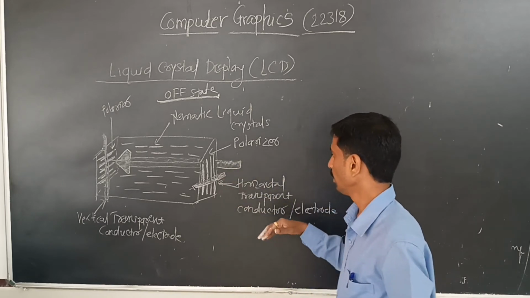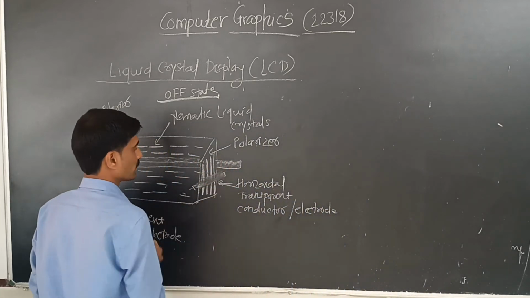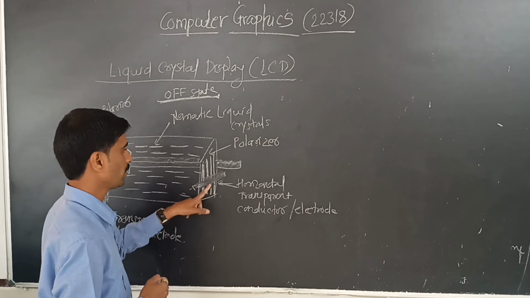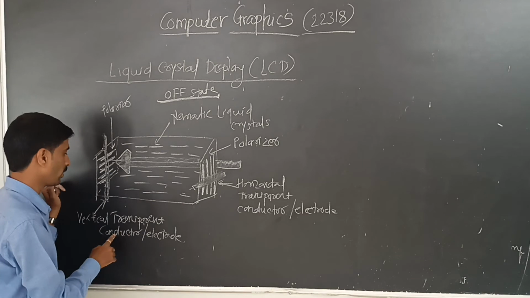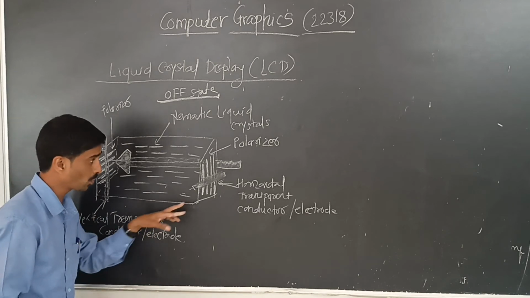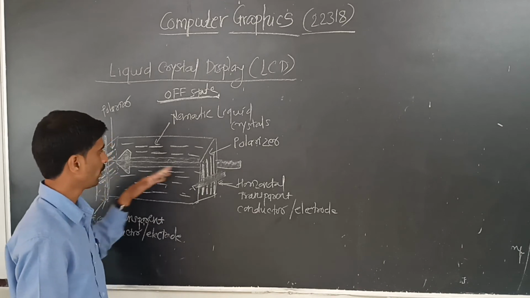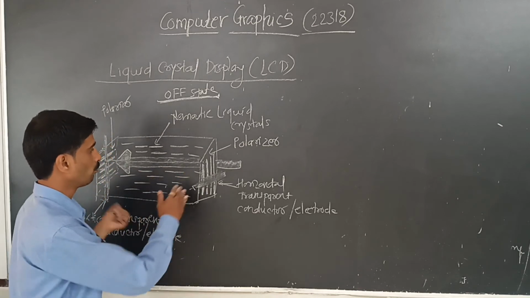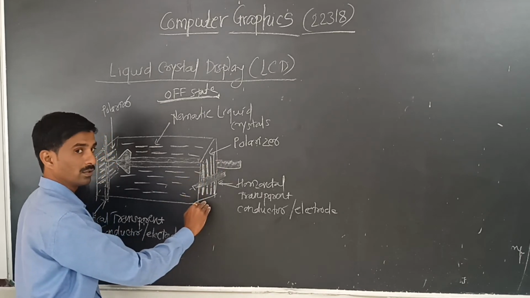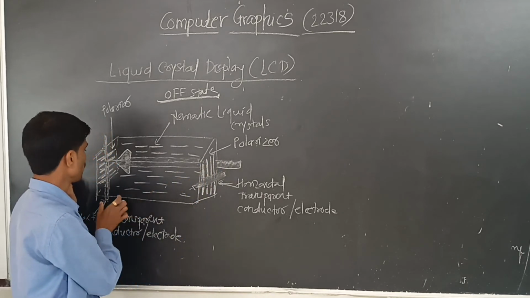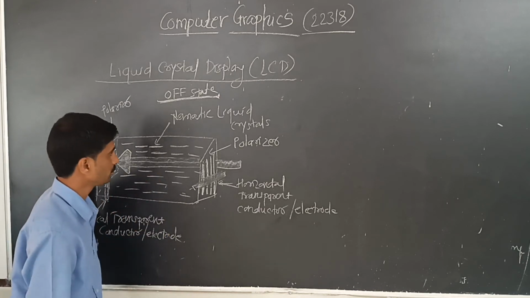Then I have shown here a horizontal transparent conductor or electrode, and this is a vertical transparent conductor or electrode. I have drawn only one here, and only one here, but there may be a number of electrodes present in the first glass plate and second glass plate, and they intersect.